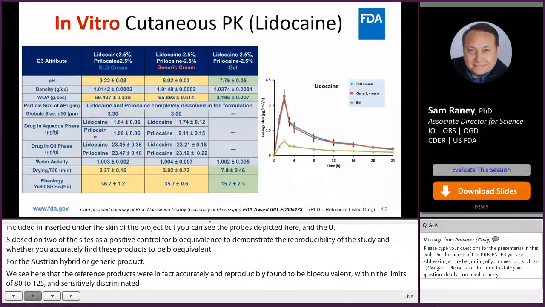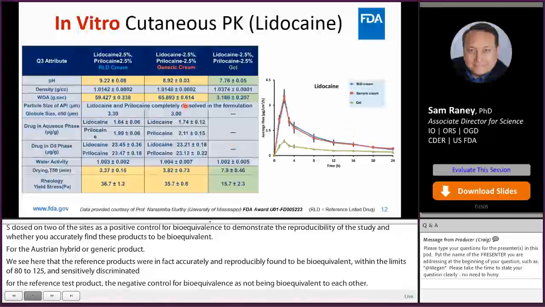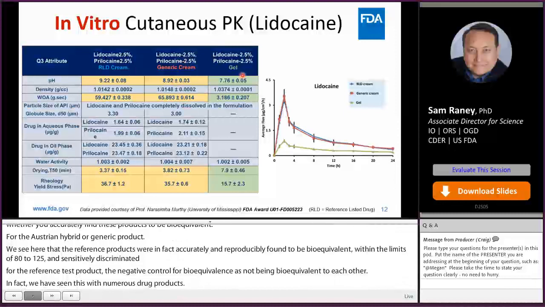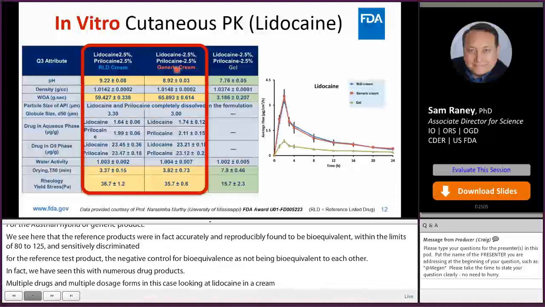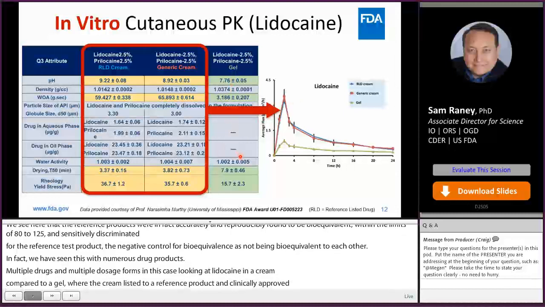In fact, we've seen this with numerous drug products now, multiple drugs and multiple dosage forms. In this case, looking at lidocaine and prilocaine in a cream compared to a gel, where the creams existed as a reference product and a clinically approved generic product that was shown to be bioequivalent based upon clinical evidence. These had similar Q3 attributes and similar cutaneous pharmacokinetics that was different from the Q3 attributes of the gel, which also had distinct cutaneous pharmacokinetics.